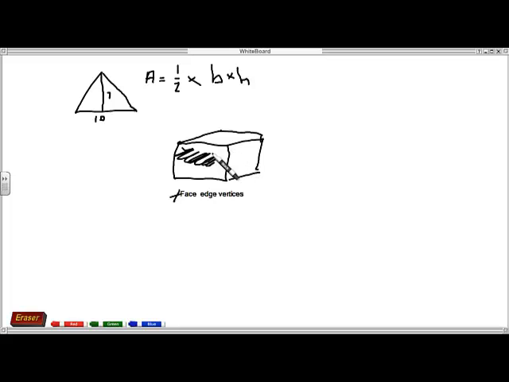So vertices refer to all the corners. You need to know this. Some of the other words you need to know, ones you already know: prisms and pyramids. Okay, so I'm going to ask you to give the name of what you're looking at, and also to identify where the parts are.